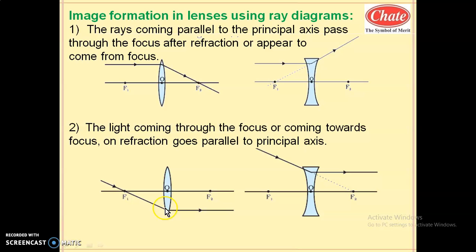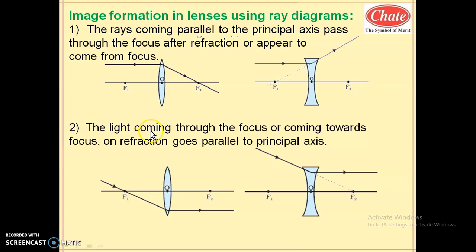See the diagram. Here, in case of the convex lens, the ray is coming from the focus. Then on refraction it goes parallel to the principal axis. For the concave lens, this is a ray which is coming toward the focus of the concave lens. On refraction, it goes parallel to the principal axis. And the statement is the same, the reverse of this. It is also similar to the mirror.